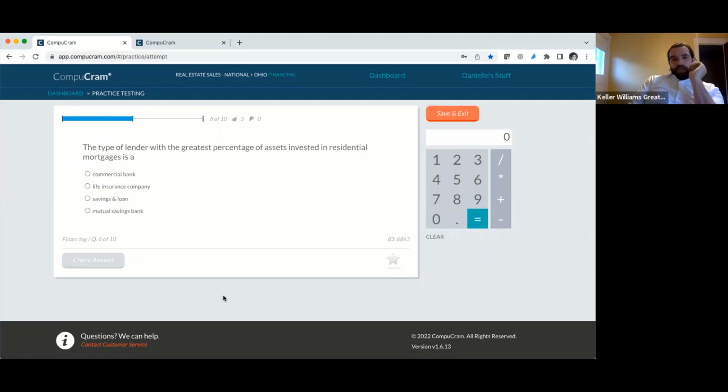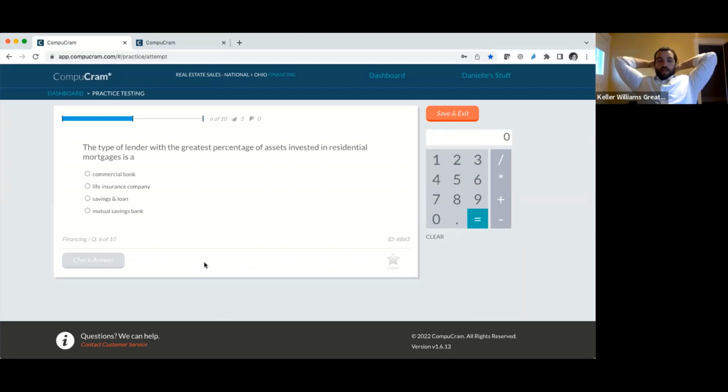Question number 6, the type of lender with the greatest percentage of assets invested in residential mortgages is A, commercial bank, B, a life insurance company, C, a savings and loan, or D, a mutual savings bank.